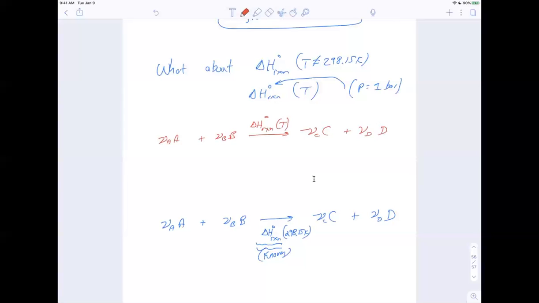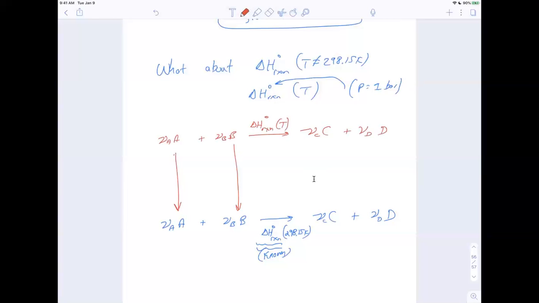This is rather simple because of the fact that H is a state function. Okay, and what we'll do now, again, find an alternate route. That's very simple. What we'll do is we'll take A from whatever temperature it is at this upper state that I've written, delta H reaction superscript 0 T. We're just going to bring A from whatever T is to 298.15 K. We're going to bring B from whatever T is to 298.15 K. We're going to do the reaction at 298.15 K, for which we know delta H, based on the earlier part of this lecture.